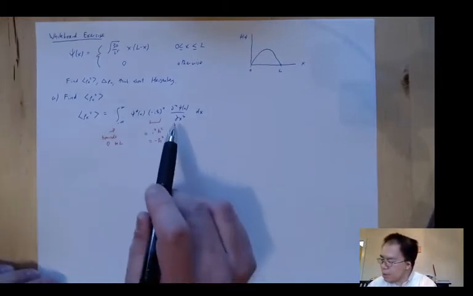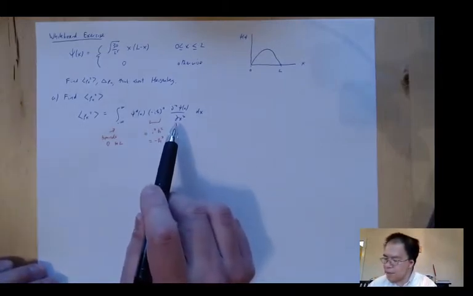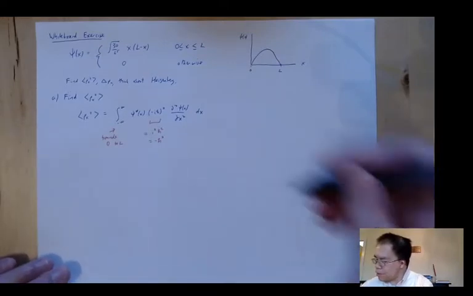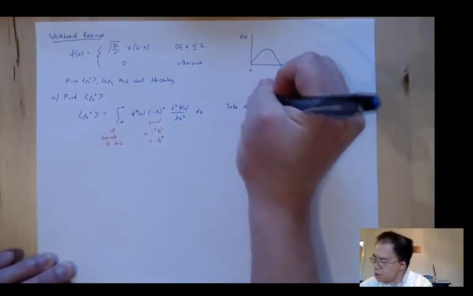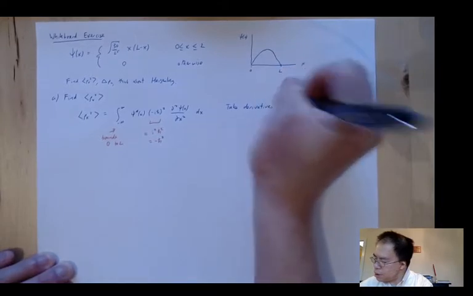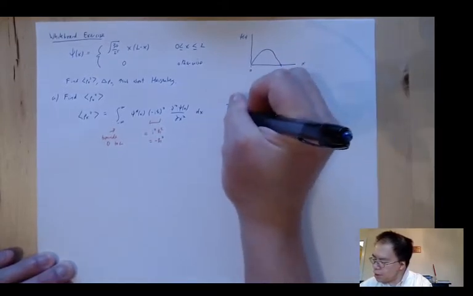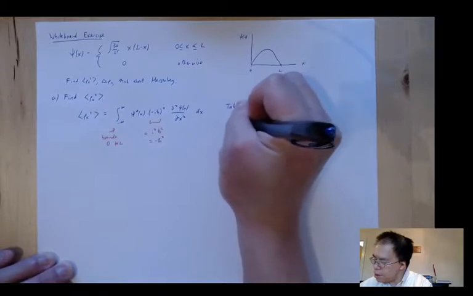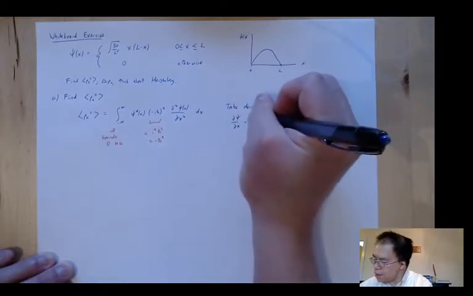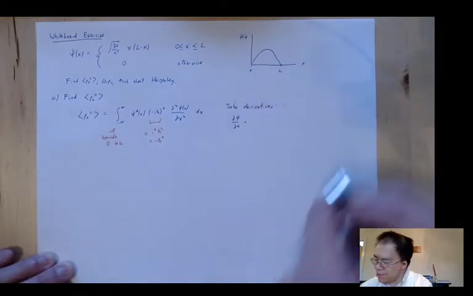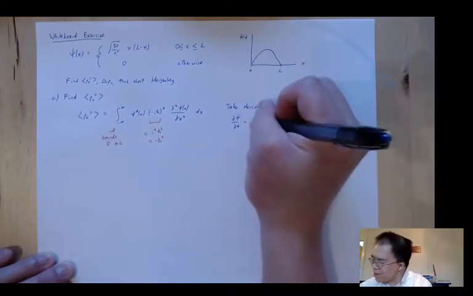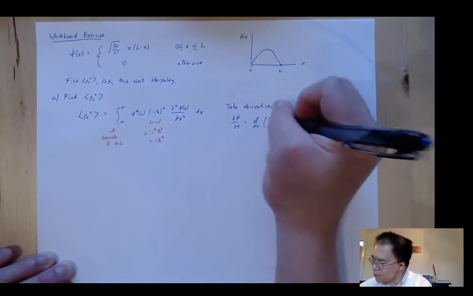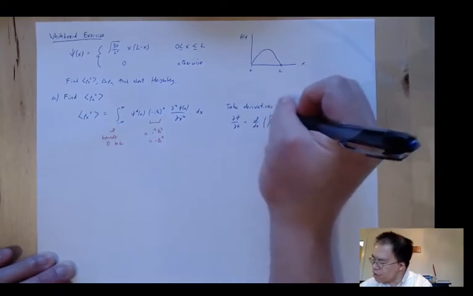All right, so what we've got to do first is to take derivatives of this. So let's take derivatives. So we have d psi dx equals... they're not really partial derivatives here, so I'm being a little sloppy, so we have to differentiate this.